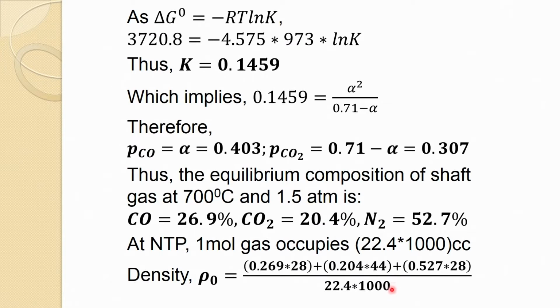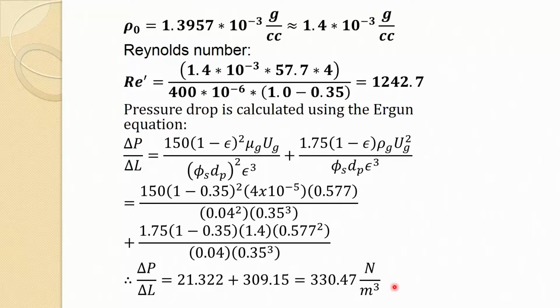That is going to give you the density of the gas, and the density of the gas comes to 1.4 into 10 to the power minus 3 gram per cc.